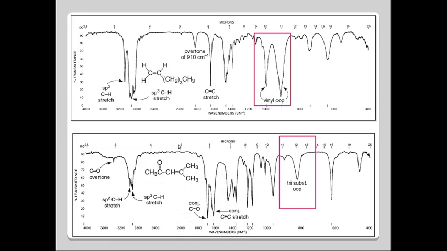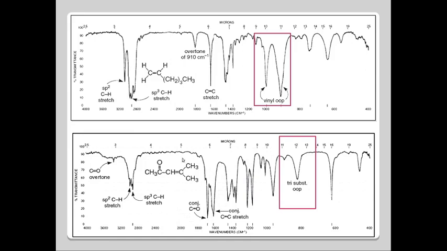And for a trisubstituted system such as the one here, you shall be seeing the band due to sp2 hybridized carbon hydrogen stretching vibration as well as the carbon hydrogen stretching vibrations of sp3 hybridized carbon here, but these bands are of medium intensity compared to the band system here.